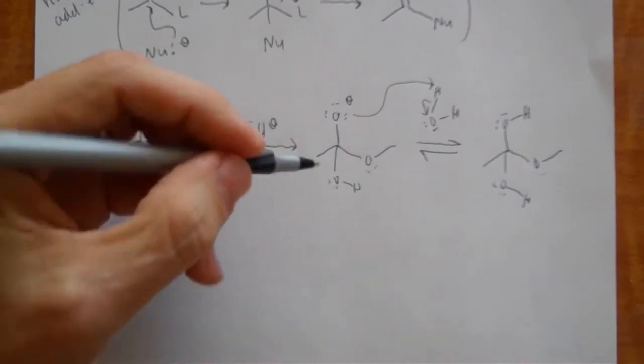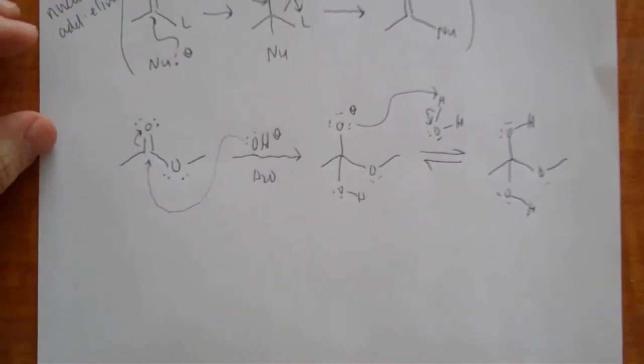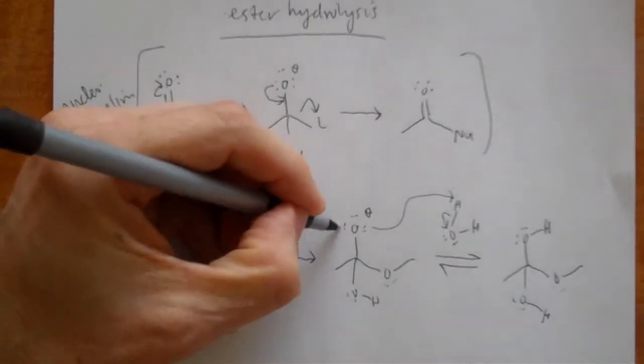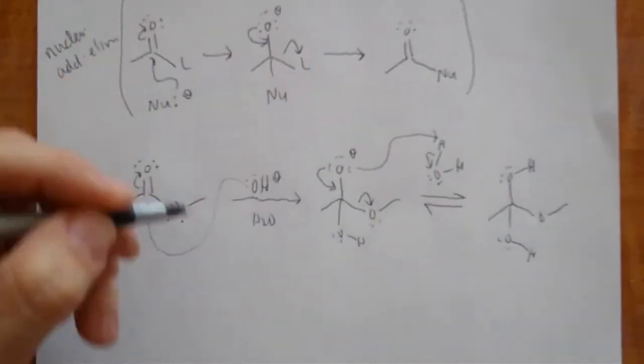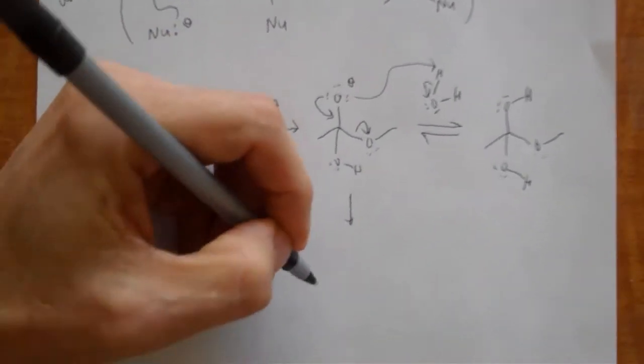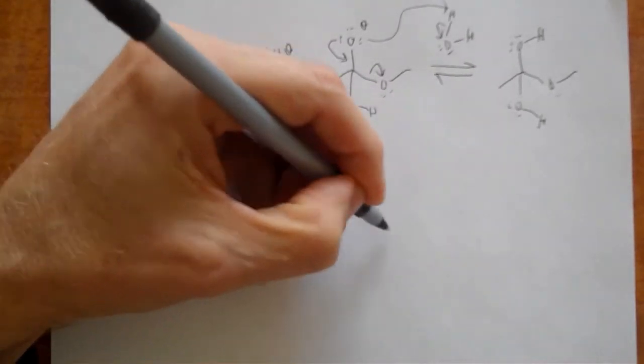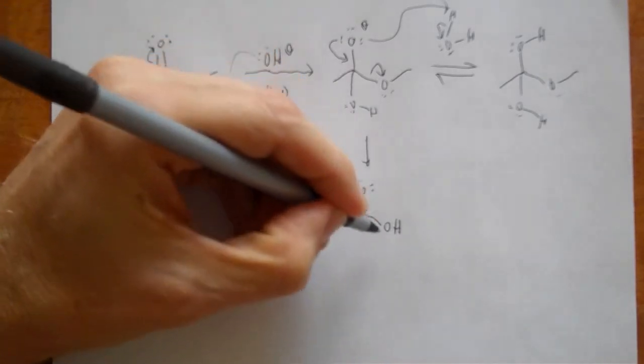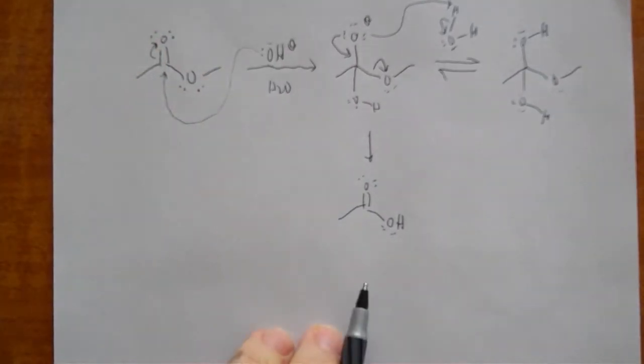Okay. But if we're mapping it over to this, what do we expect to happen? These guys go here, boom, and there that guy goes boom. Okay, and there's our ester hydrolysis.